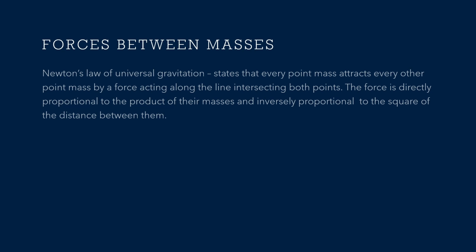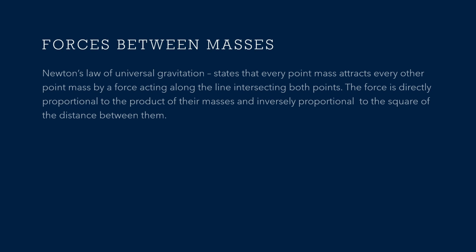Now let's move on to forces between masses. This is where we find Newton's law of universal gravitation, which states that every point mass attracts every other point mass by a force acting along the line intersecting both points. The force is directly proportional to the product of their masses and inversely proportional to the square of the distance between them.